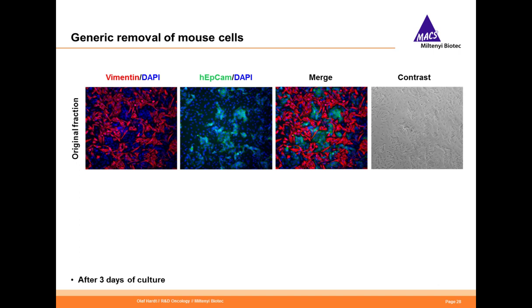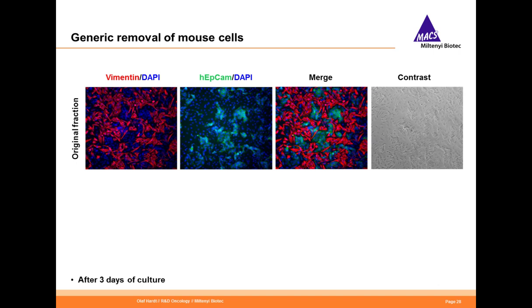Of course, it makes a big difference in culture, and frequently xenografts are actually used to expand the human tumor material in order then to dissociate it and to generate cell cultures for drug testing. And if you just dissociate your xenograft and you put it in a culture plate, it looks like the panel I'm showing you right now. So you have vimentin-positive mouse fibroblasts, and you have, for example, if you are using a carcinoma, EpCAM-positive human tumor cells.